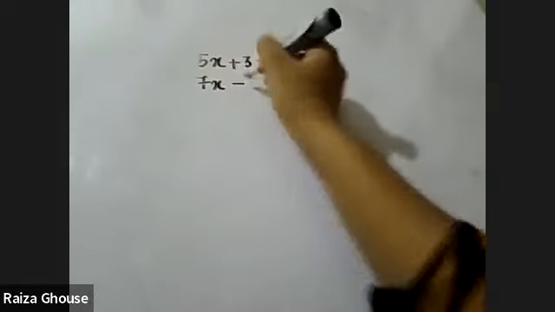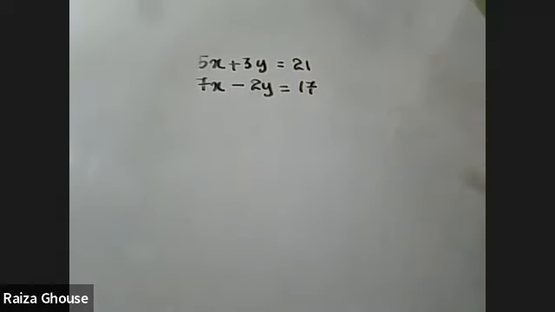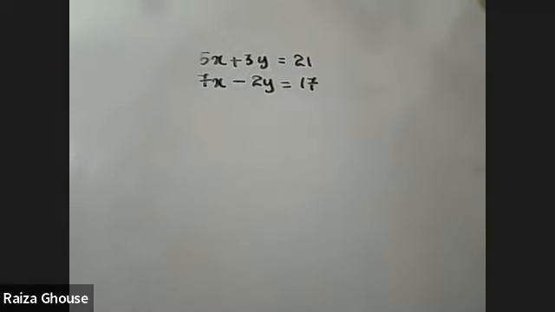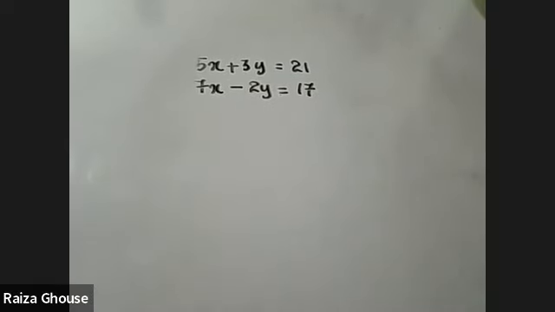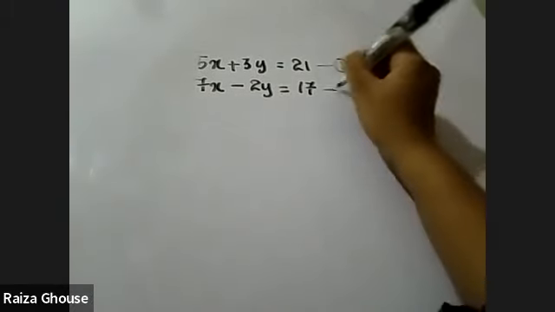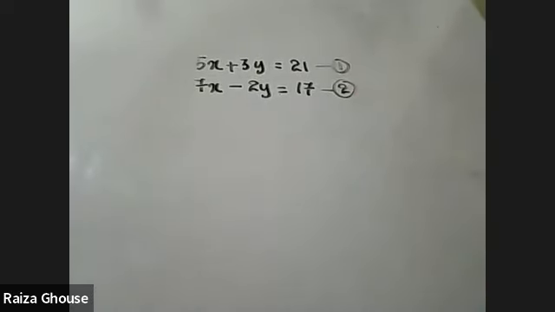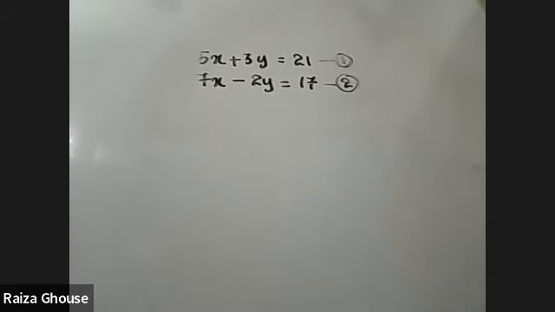And I'm giving another equation, 7x minus 2y equals 17. Now, can you see? Coefficients are different. Symbols are different. So what can we do in this kind of equation? Already in grade 9, I taught you this. Can we make the coefficients same? We have to make the coefficients same.